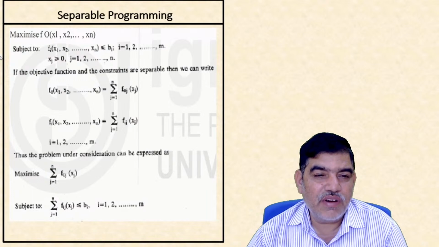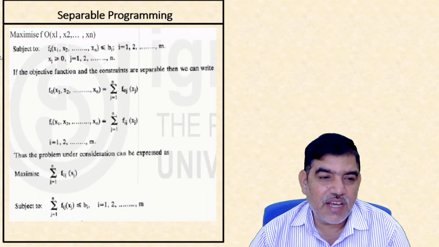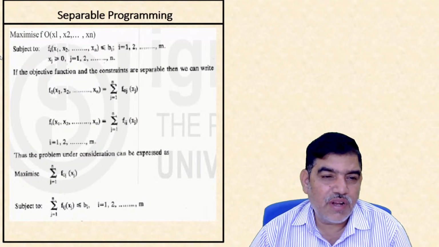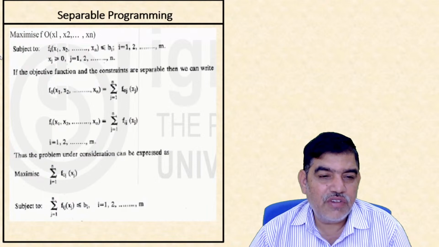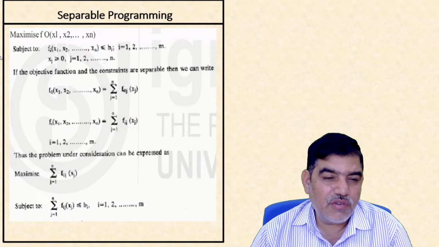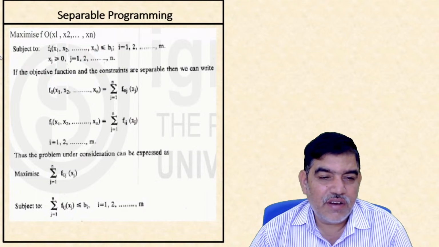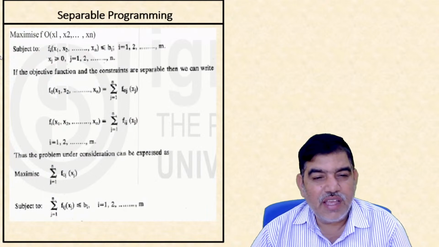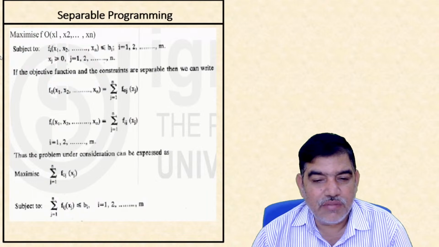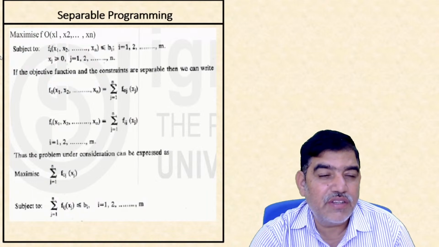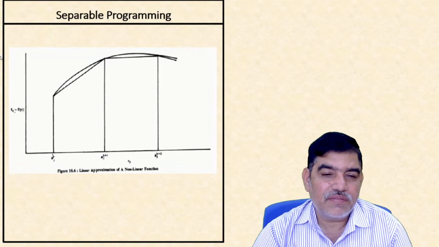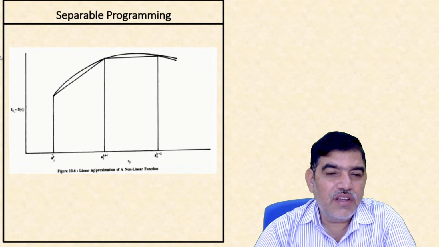Thus, the problem under consideration can be expressed as maximize z equals summation j equals 1 to n f0j(xj), subject to summation j equals 1 to n fij(xj) less than or equal to bi, where i equals 1 to m. That is the mathematical representation of the separable programming. And this is the graph here. It is not linear.